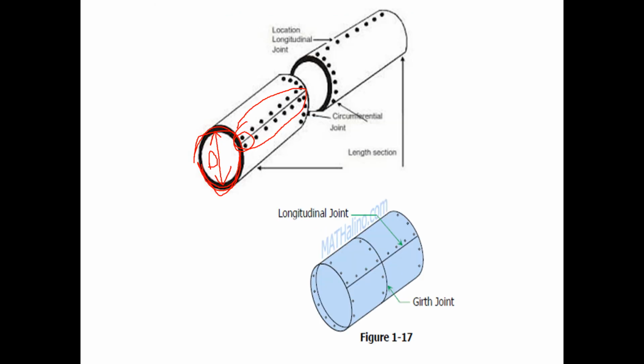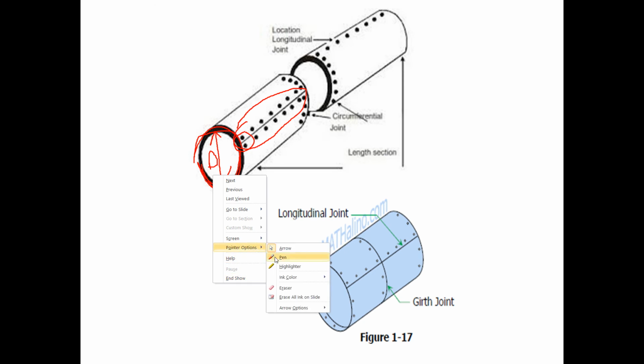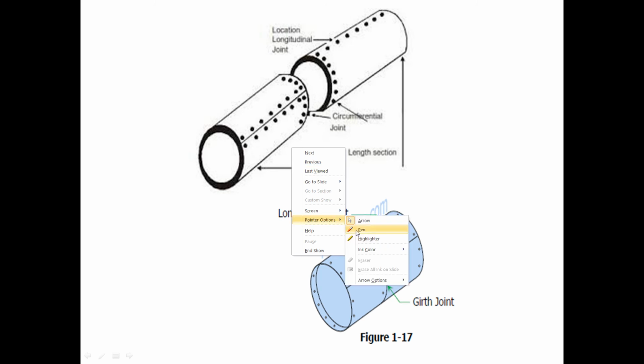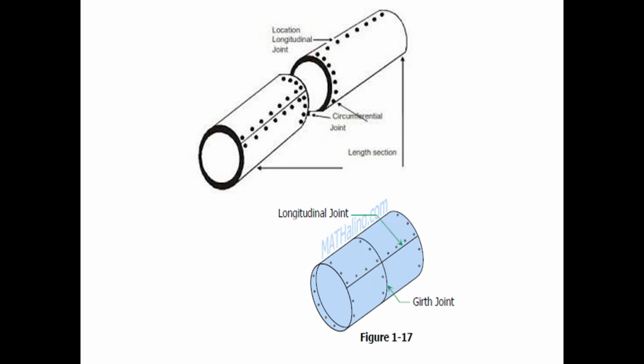If you see the diagram, this is your circumferential lap joint, and this is your longitudinal butt joint.